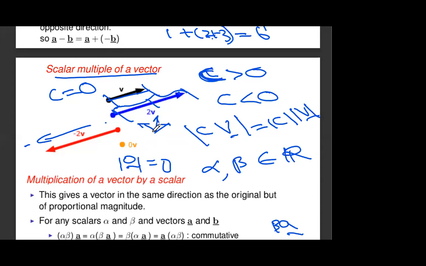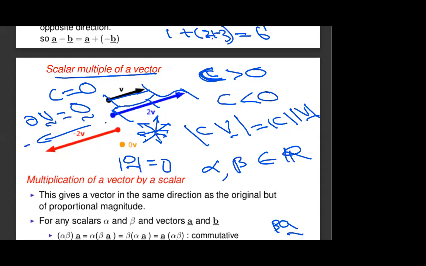Let's write that down: 0 v is equal to vector 0.